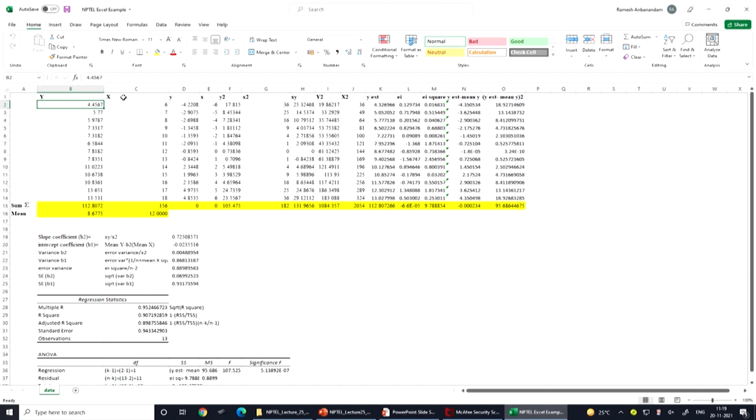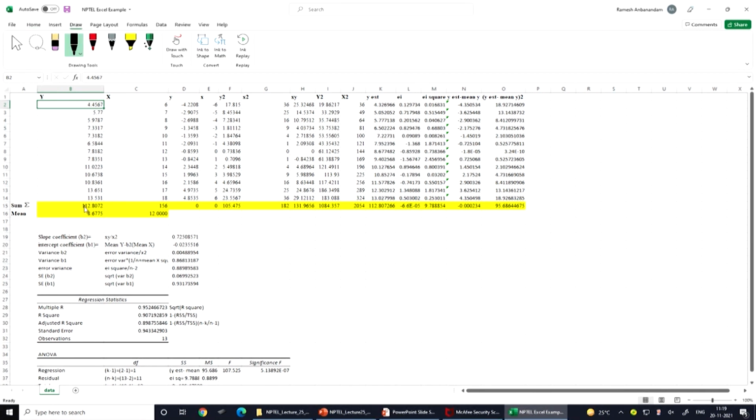Now we will find the estimated value, y bar. Some of these values are derived, so you can check by clicking and you will find the y values and x values accordingly. Then we have taken their x square and y square, as it is required in our estimation.